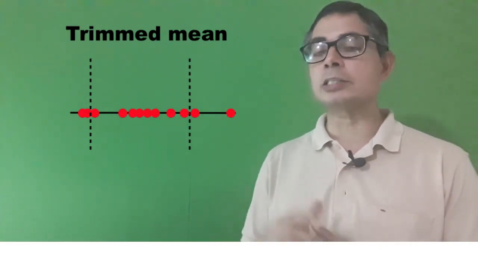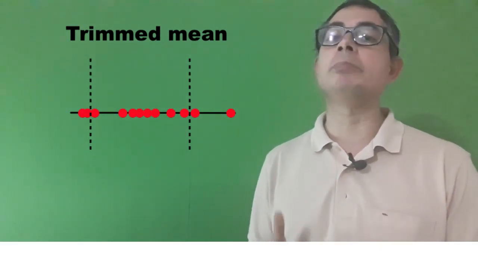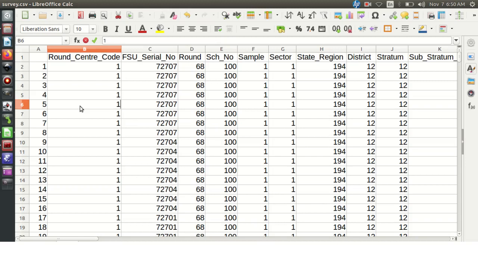Well, let's look at the computation using LibreOffice. Okay, so this time we are working with a real data set, not a toy data set. It's obtained from a sample survey conducted in one district of a state in India.